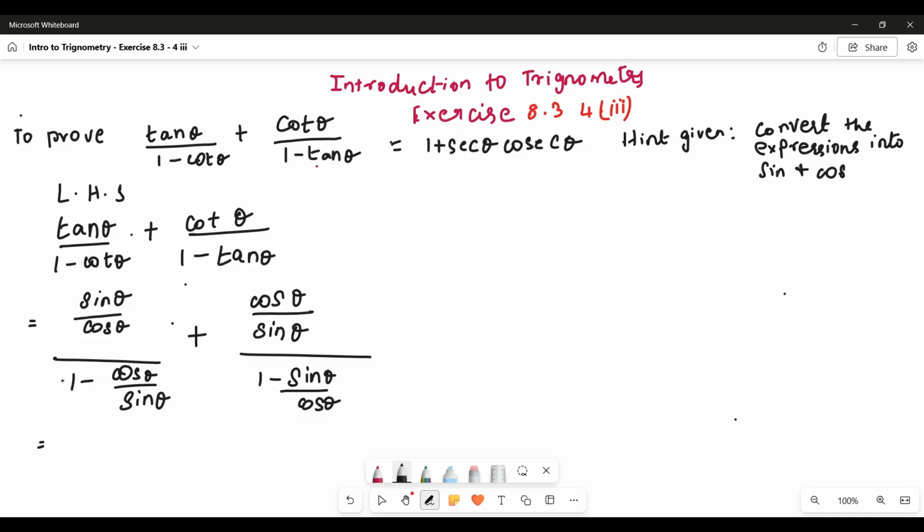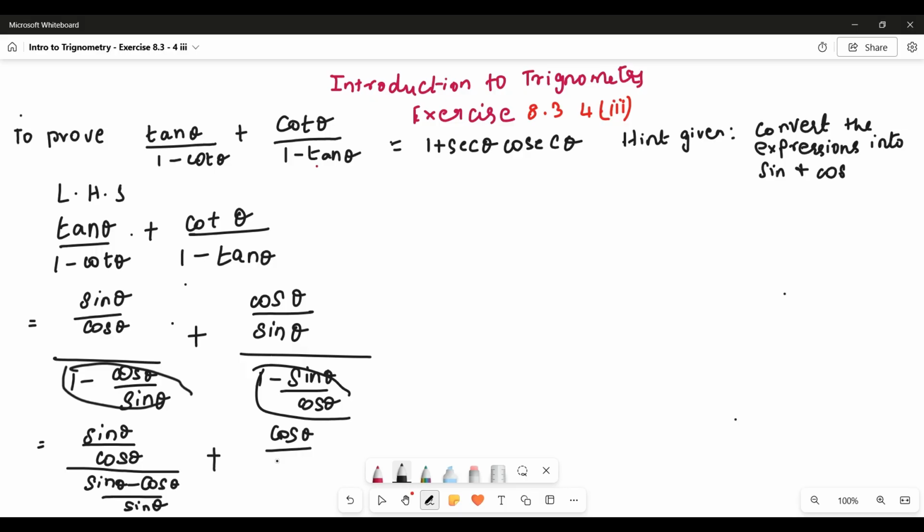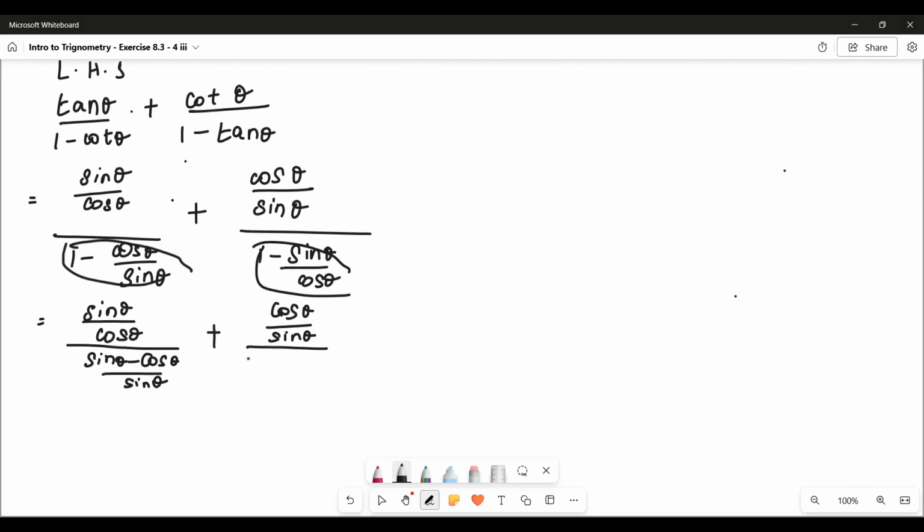So let me take the LCM here and here. This becomes sin theta over cos theta over, when I take the LCM, the denominator as sin theta, so I get sin theta minus cos theta over sin theta, plus cos theta over sin theta over, when I take the LCM, cos theta as the denominator, so I get cos theta minus sin theta here.